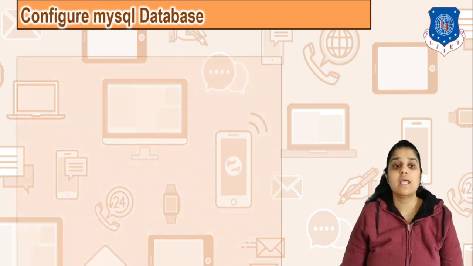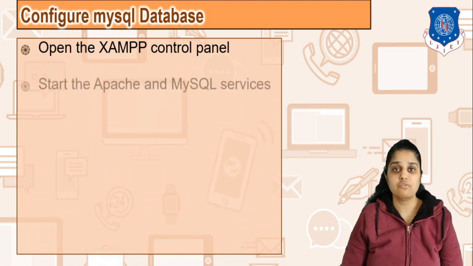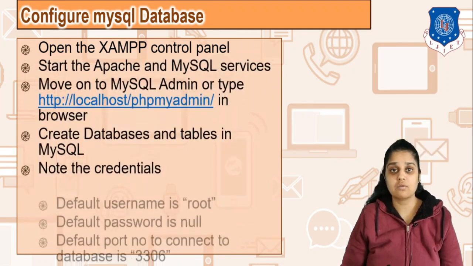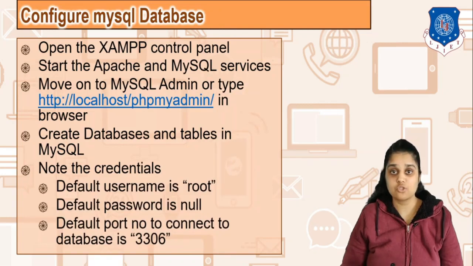Now next we are going to see how to configure the database. Before moving on to how to configure the database, I will show this to you practically, but let us just see the points first. The first point is you have to connect with the MySQL database, which I already told you. In order to connect with the MySQL database, we are going to use the XAMPP control panel or the XAMPP server.